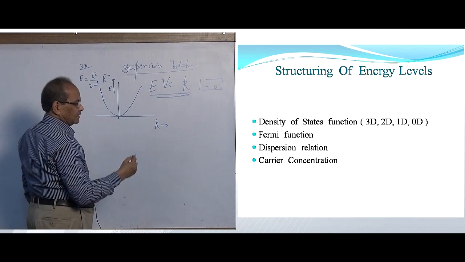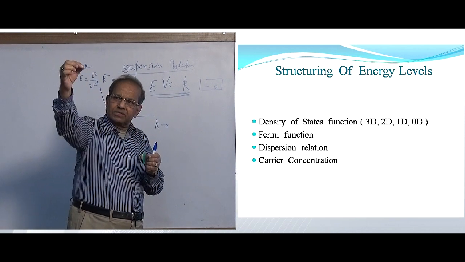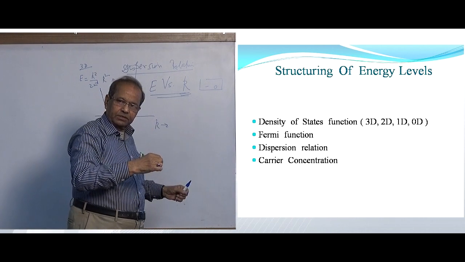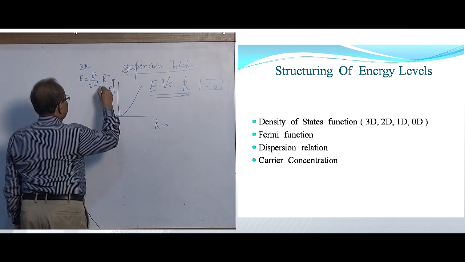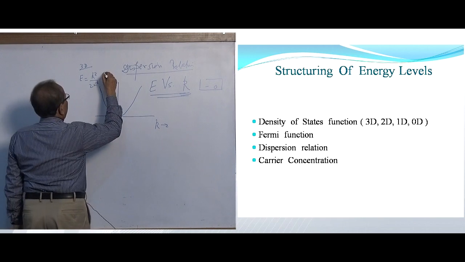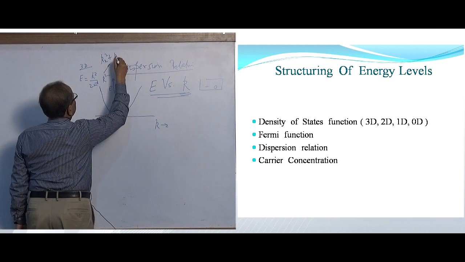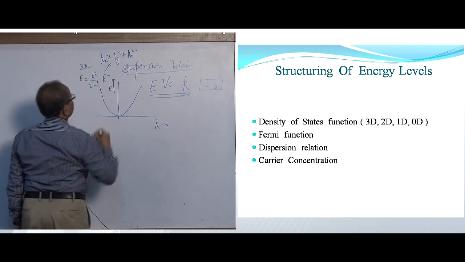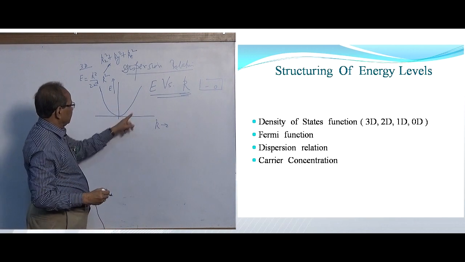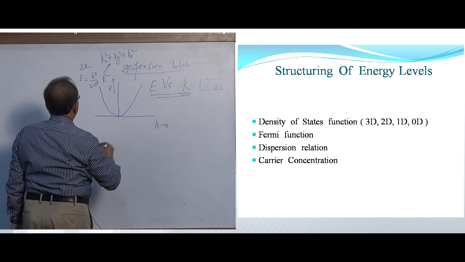K plus means the electron may go in one direction, and minus k means it goes in the opposite direction. It can take any value of k in 3 dimensions. It is a continuous value.